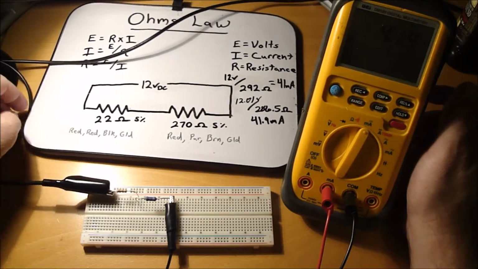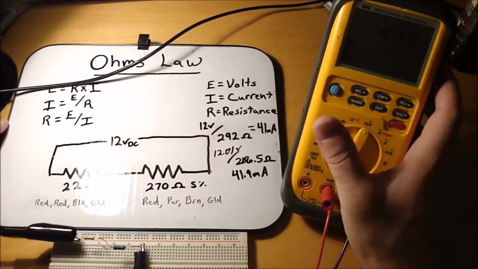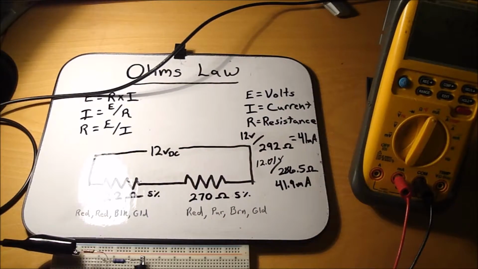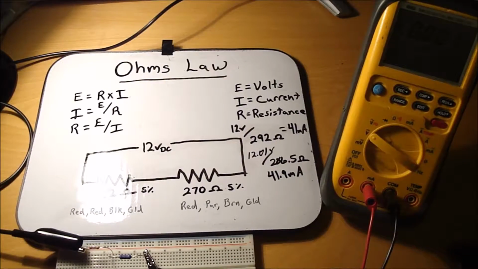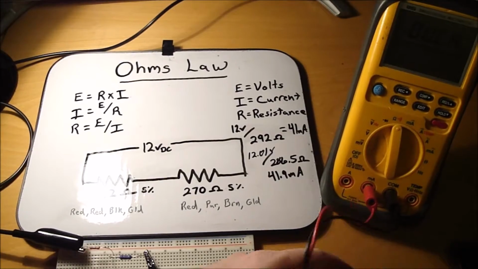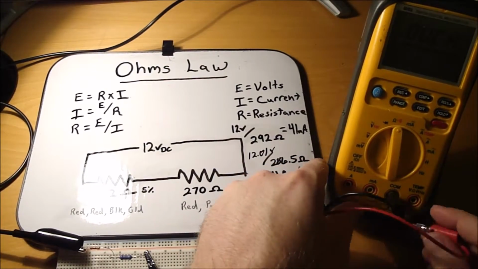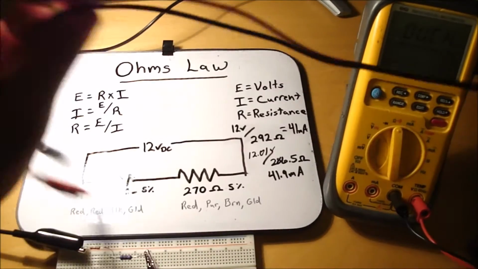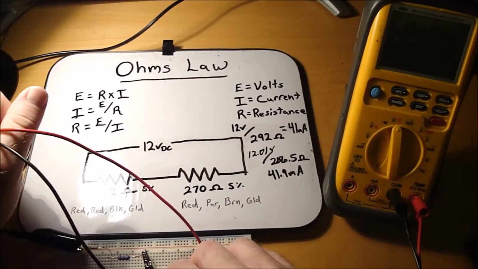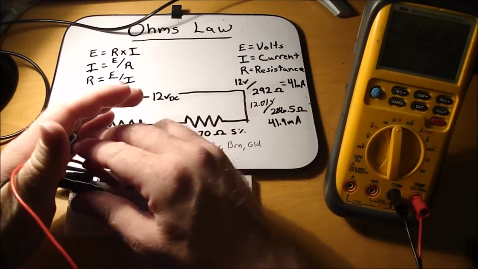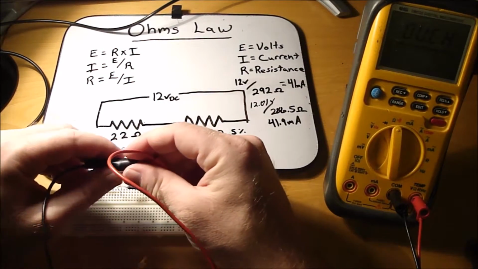Alright, so let's just try another equation here. So let's do the voltage drop across this 270 ohm resistor. So that resistor, switch to ohms, move our probe back to ohms, and you need to disconnect the supply voltage from the circuit.